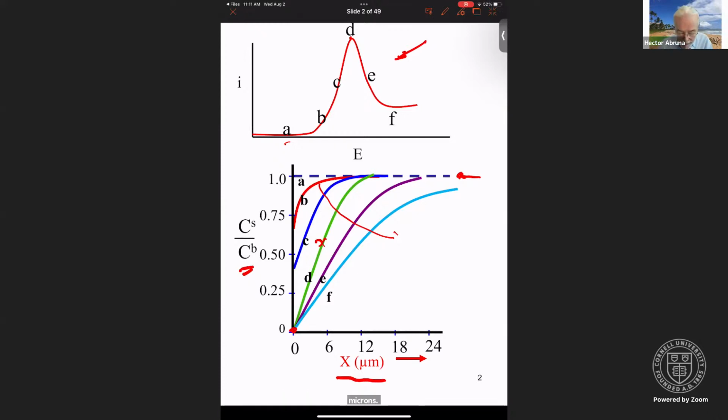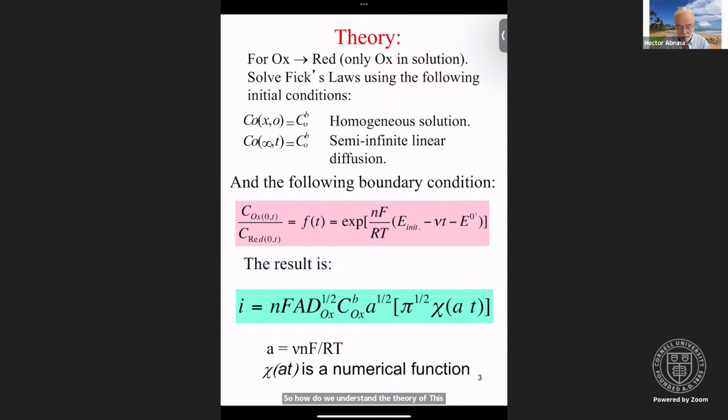So how do we understand the theory of this technique? For Ox going to Red with only Ox in solution, we're once again back to Fick's laws, because we have diffusional mass transport.